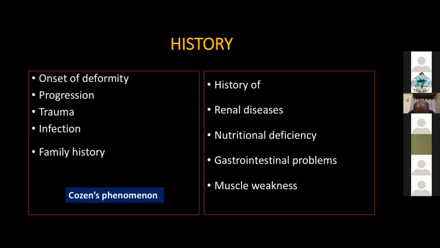All nutritional rickets will have proximal muscle weakness. The type of rickets that doesn't have that is familial hypophosphatemic rickets. The other types of rickets will have proximal muscle weakness or proximal myopathy. These are the things that you will look for.